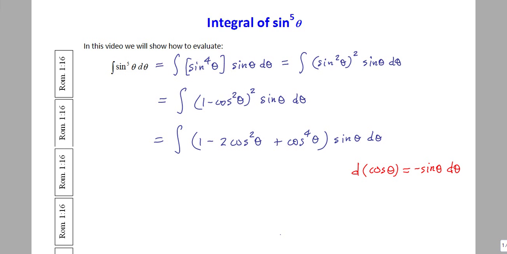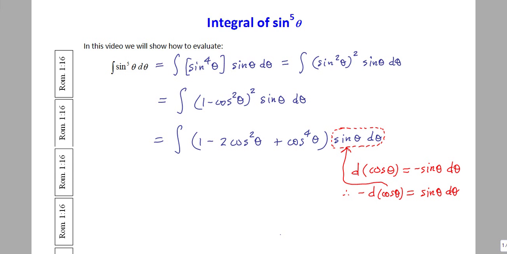Okay, so now I can say the following. Therefore, if I bring the minus over here, I get minus d of cos theta is equal to sine of theta d theta, which is exactly the stuff sitting outside of the parentheses.